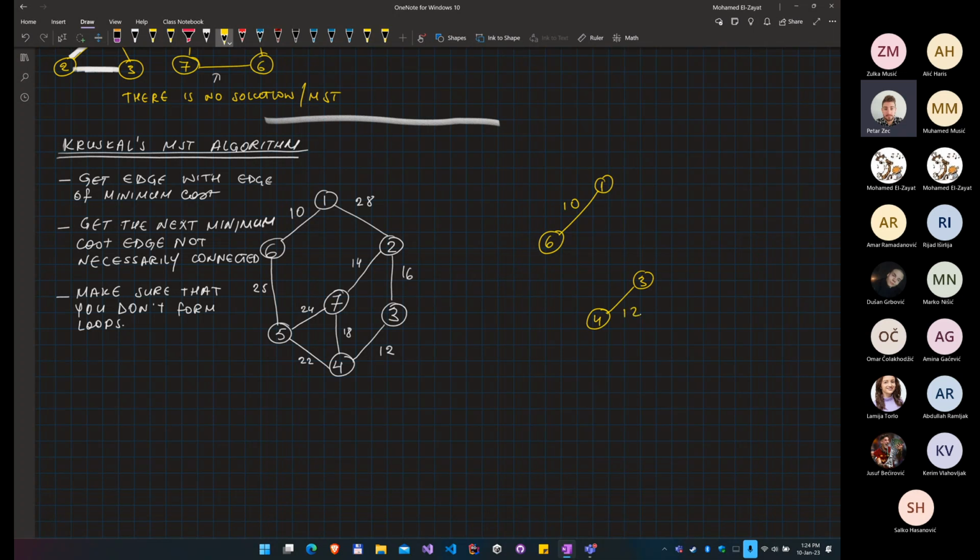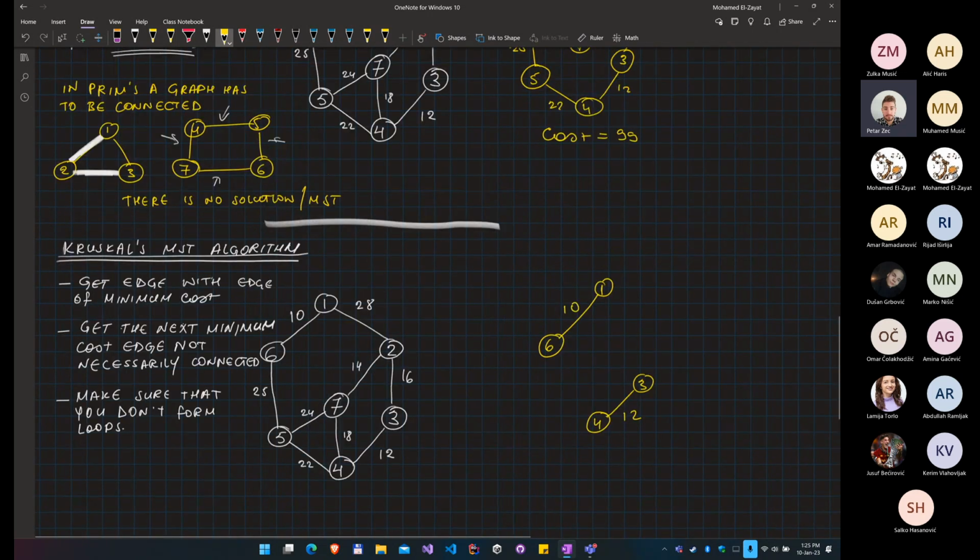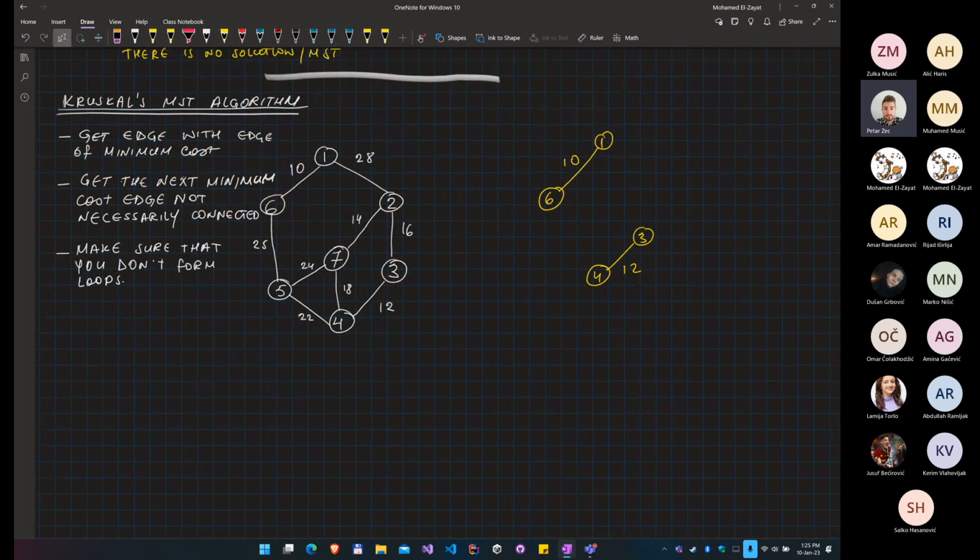Now you're going to try to find the next smallest. Well, is it the smallest? Yes, it is. So 10, 14, 16, 18, 12. Yep, this is the next smallest. So the next smallest is going to be 2 and 7.